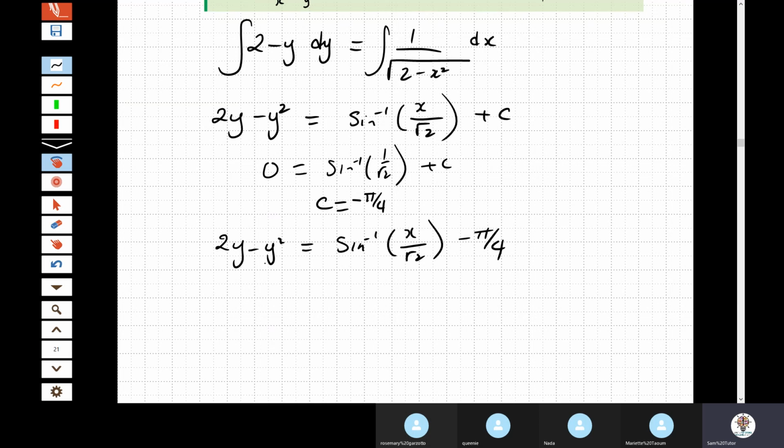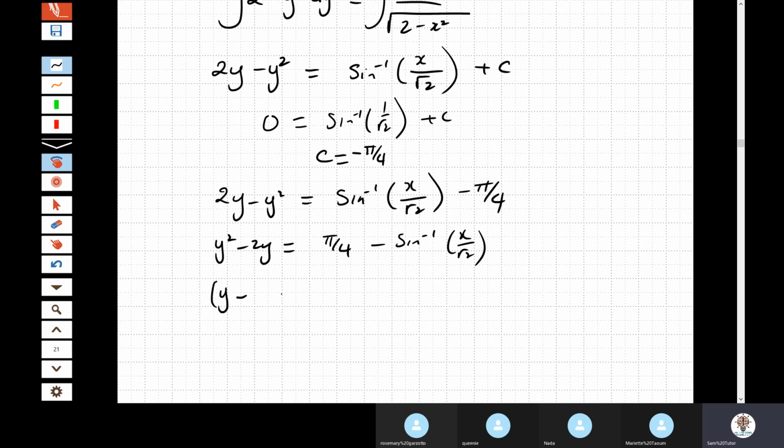I don't like the negative like that. So let's get into positive: y squared minus 2y equals positive pi over 4 minus inverse sine of x over root 2. I'm willing to waste a line on that. I'll never ever waste a line, but we're willing to do that for now. Then let's complete the square: y minus half it, square it on the other side.